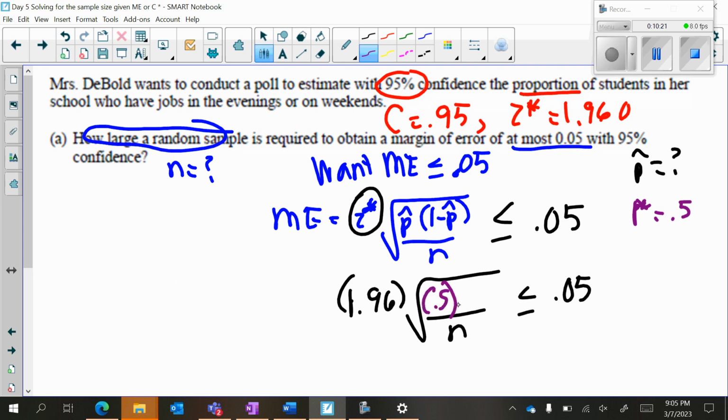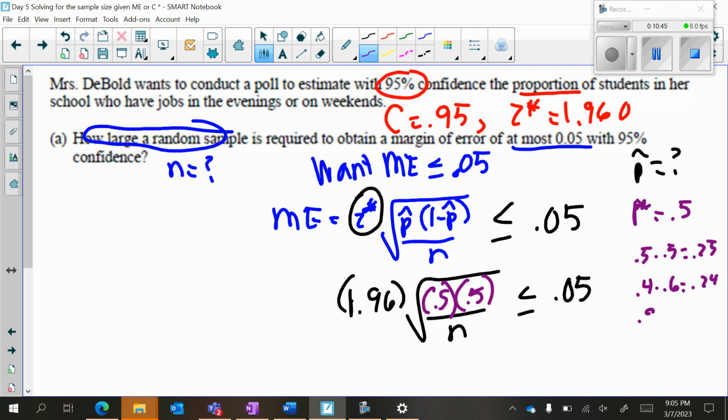Well, if you do P hat times Q hat, 0.5 times 0.5, that product is actually going to be the largest of any other combination of P and Q. So if you had 0.5 times 0.5, you're going to get 0.25, okay, for the numerator here. But if you had any other combination of P hat, if you had 0.4 times 0.6, that's going to be 0.24.